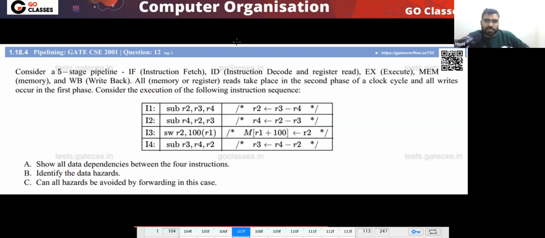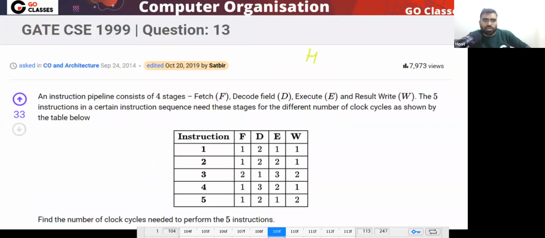So let me give you this as homework. Every question that I give you as homework, I will solve in the pipeline marathon. But at least try them before that. Do not worry about it, but you try. Similarly, try this question also.